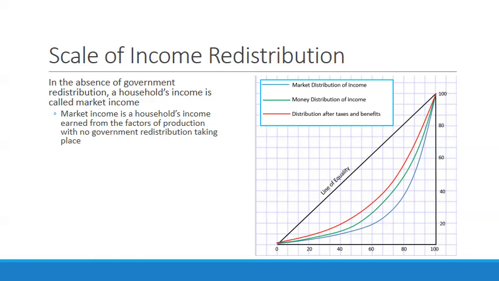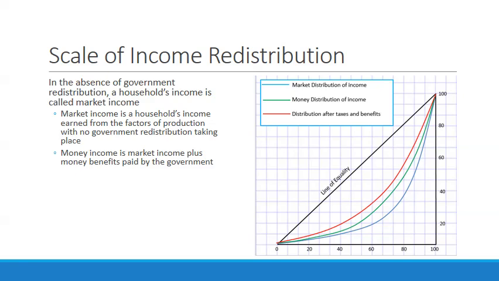So when you look at the market distribution of income, what you'll notice is that we see greater inequality, which we noticed when we looked at the different average incomes. So the blue line is the market distribution of income with no government redistribution taking place.